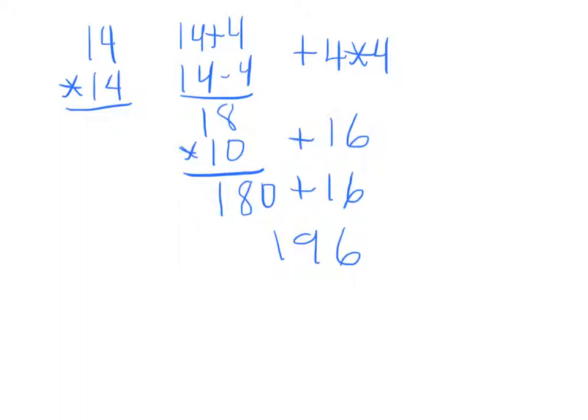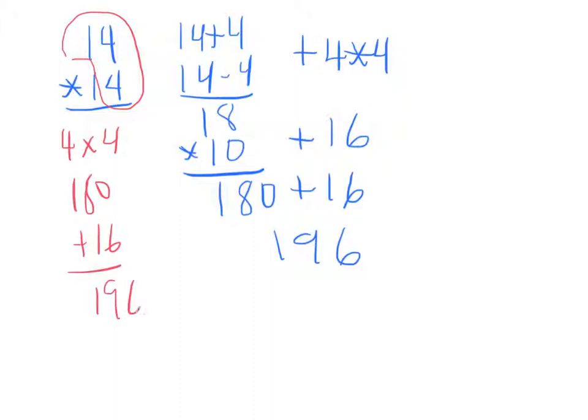So, okay, that's easy, 180 plus 16, 196. And we can check our answer by saying, well, we'll have 18 tens and 4 times 4 ones, 180 plus 16, 196. So either way, we have 196.